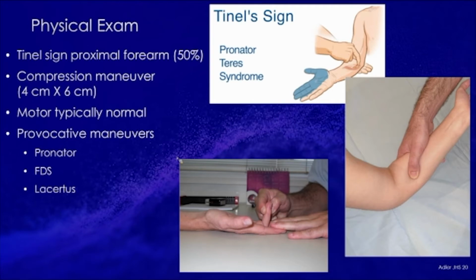So you can look at pronator as a site of compression with the elbow in extension with resisted forearm pronation, looking for reproduction of paresthesias. FDS, resisted PIP joint flexion of the middle finger. You can look at lacertus with the elbow flexed at about 100 degrees with resisted forearm pronation.